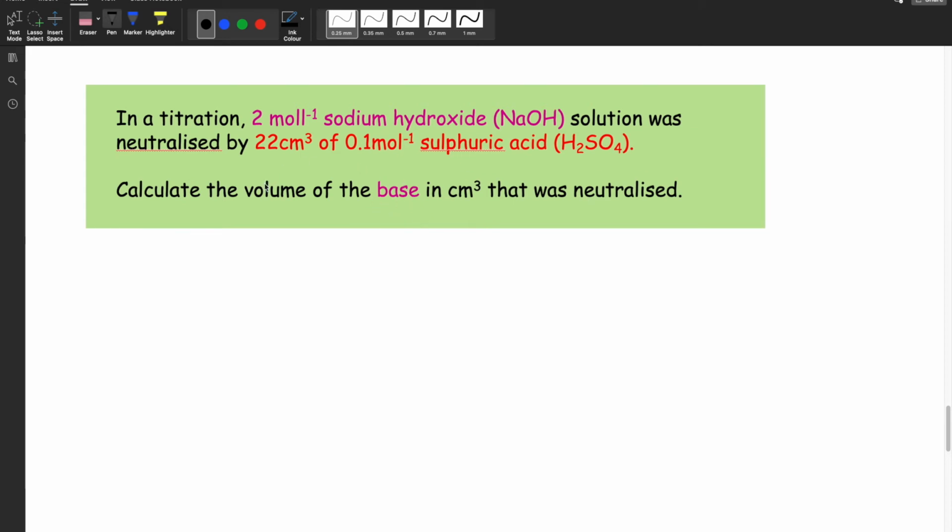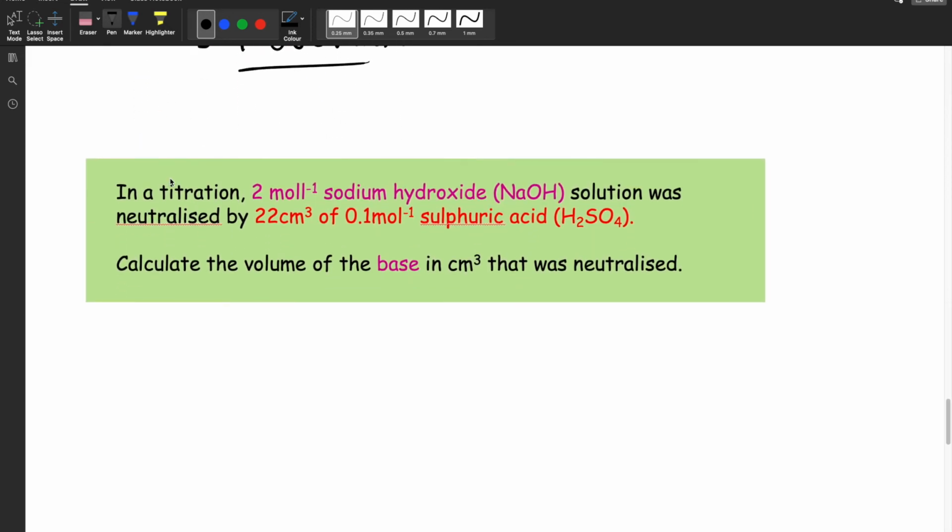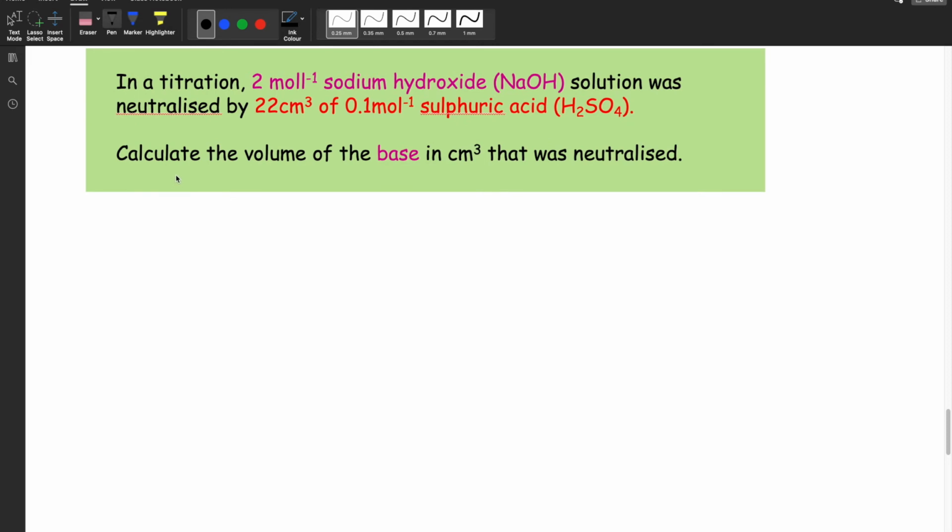So it's very similar to the last question, except for instead of calculating C1, this time we're going to be calculating V1, but we have to do pretty much everything the exact same up until that last step there. So our first step is to make sure we've got a balanced equation. So step 1 is still balanced equation.